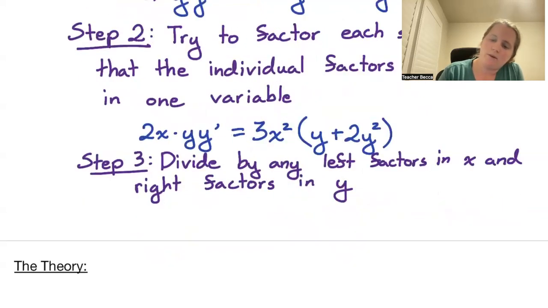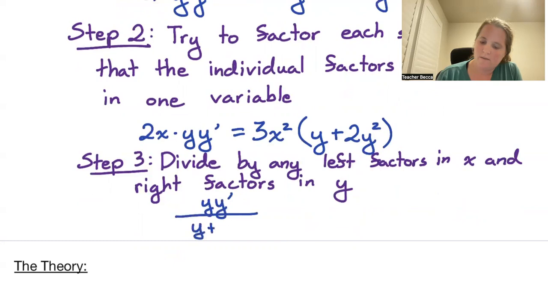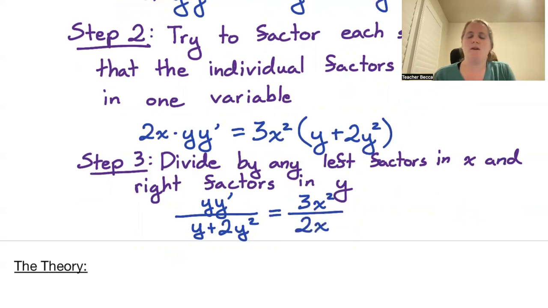And we wind up with, we keep the y prime on the left, but now we are dividing by y plus 2y squared. On the right-hand side, we have our 3x squared, and we divide by 2x. We could, of course, simplify at this point if we wanted, but we have all of our y's on the left.